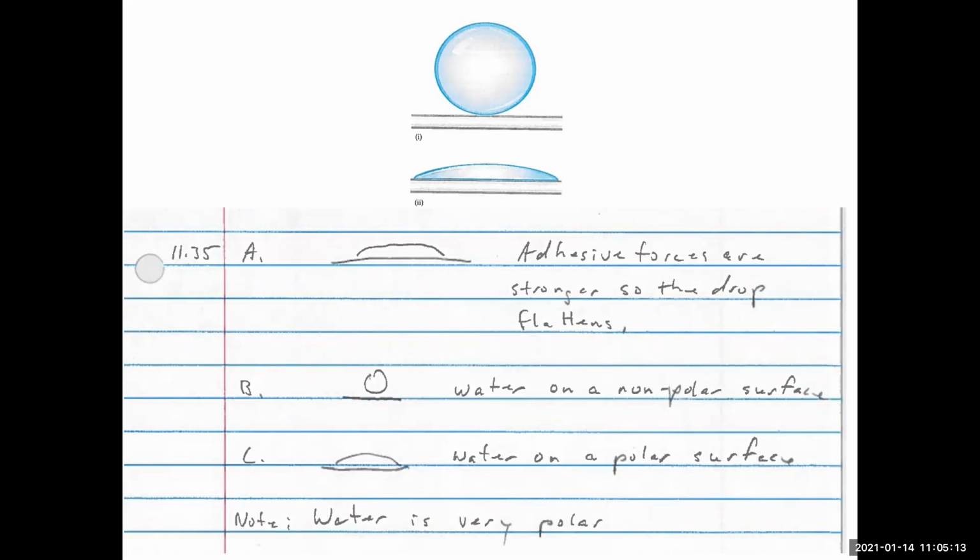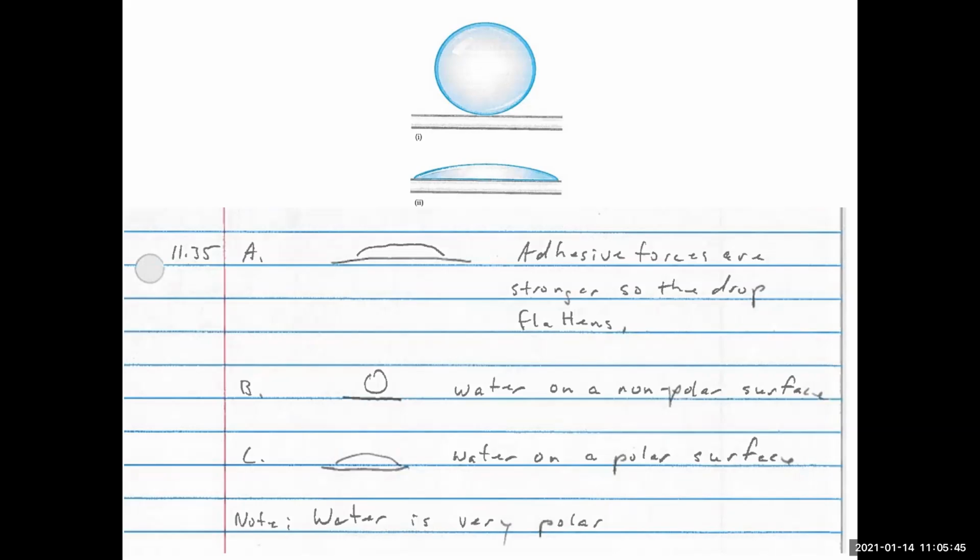If we put a drop of water and it looked like this top one here, the nice circle one, not the mushed down one, would we say that surface is more likely polar or non-polar? Any thoughts on that? Before you answer, I'll give you one other clue.